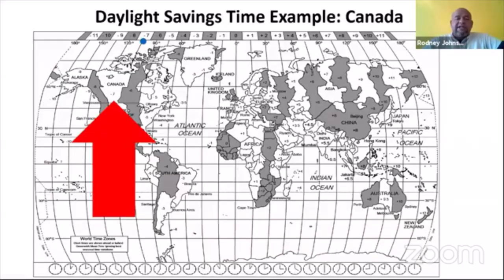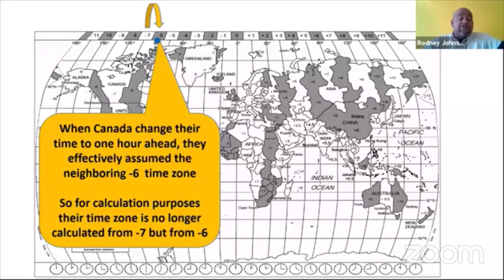But as soon as Canada starts practicing daylight savings, Canada changes their time to 1 hour ahead. So they effectively assume the neighboring -6 time zone, right? So for all calculation purposes, once Canada is in daylight savings time mode, you will use -6 for Canada and not -7.